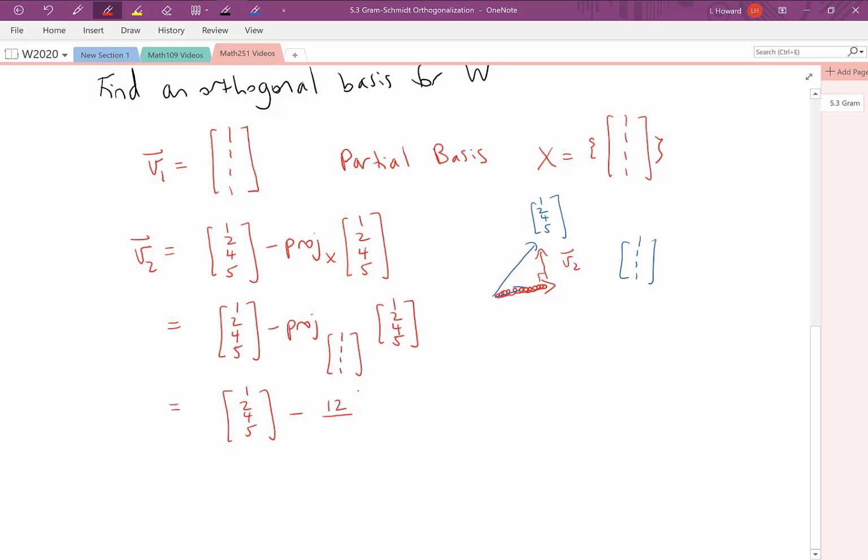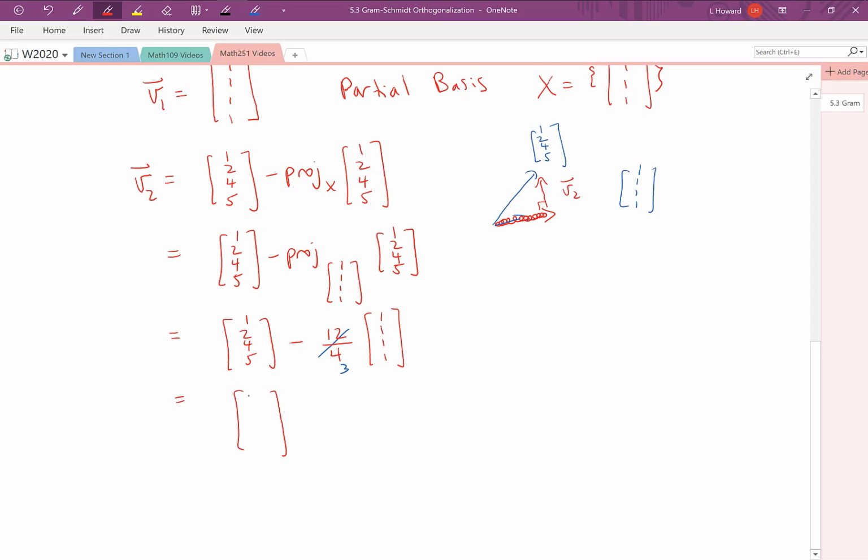And everything else is about the vector that we're projecting onto. So the length squared of 1, 1, 1, 1 is 4, and we're going in the direction 1, 1, 1, 1. Okay, and then we can simplify our coefficient. 12 over 4 is just 3. So we're going to do things like 1 minus 3 is negative 2, 2 minus 3 is negative 1, and so on. So we're building this vector now: negative 2, negative 1, 1, 2.